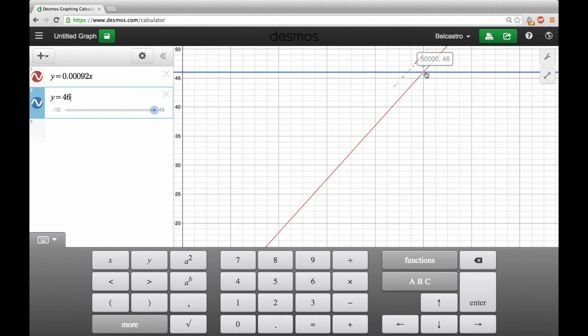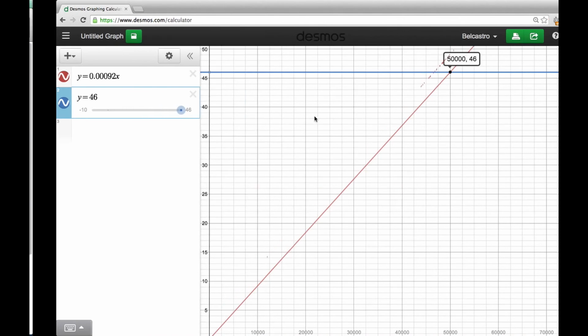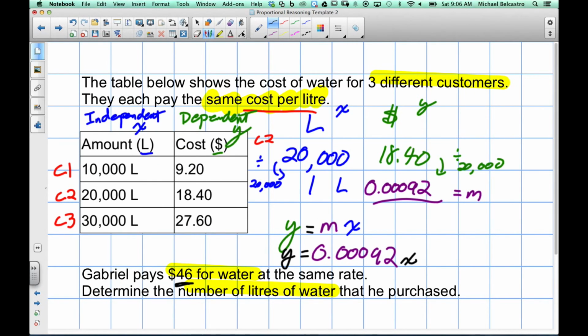And where y equals 46, this is exactly where these two lines meet. Our y value is $46, and it looks like the x value is 50,000, which is exactly how many liters Gabriel purchased. So we can write down, we'll continue our table here, that Gabriel paid $46, and for $46, he got 50,000 liters, okay?